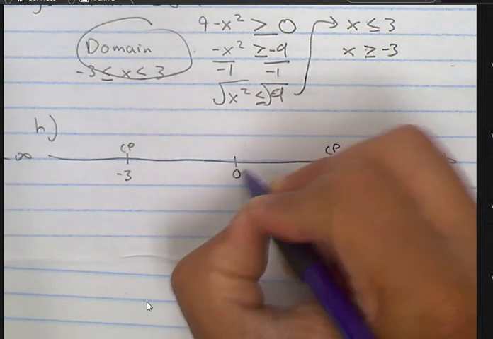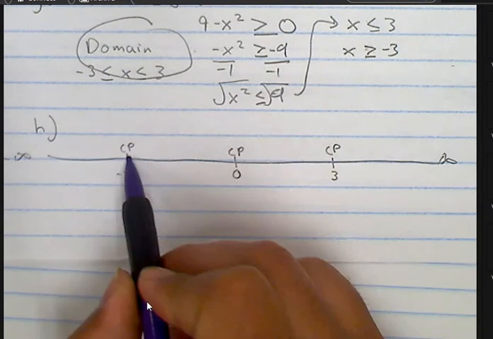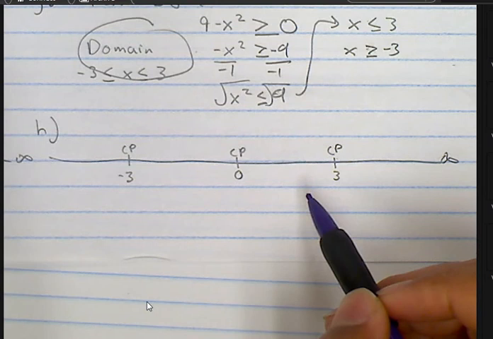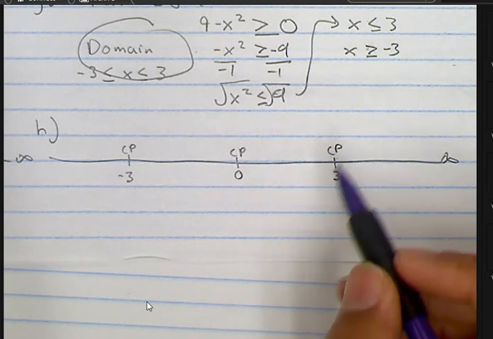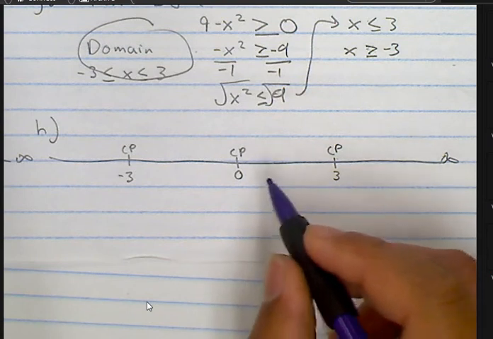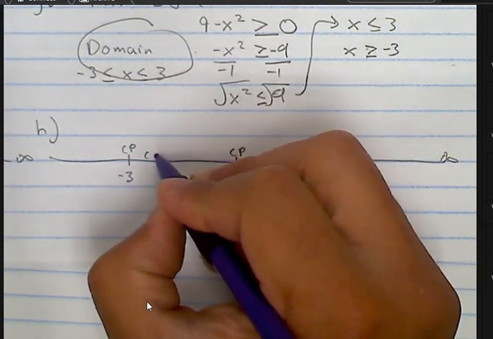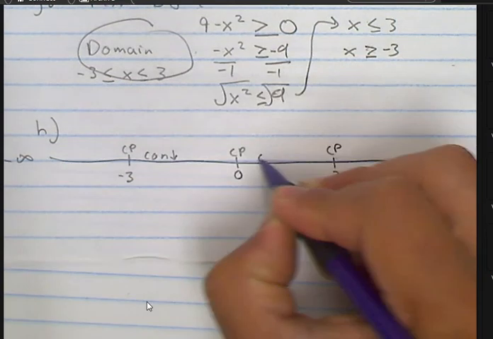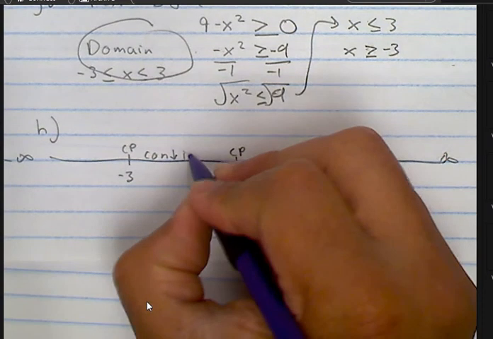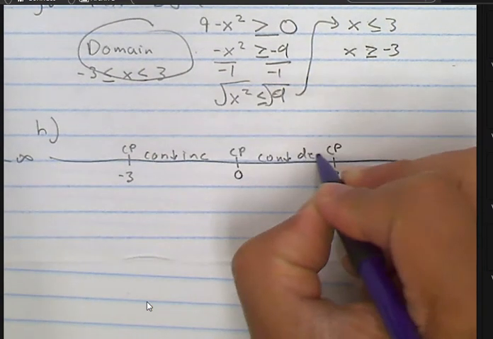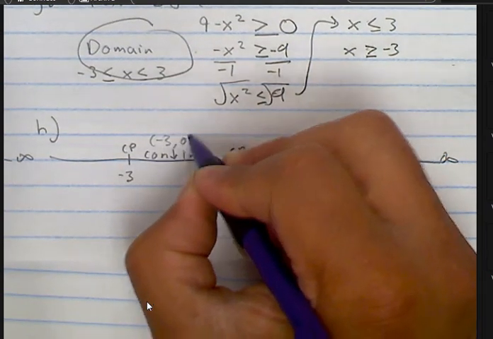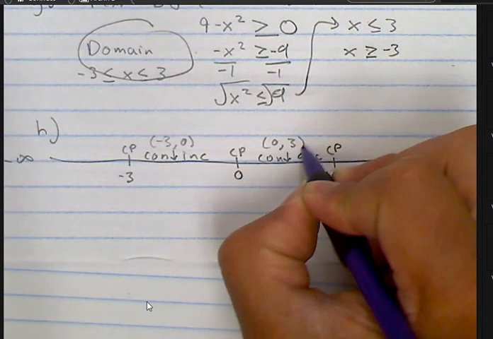Zero is a critical point. The inflection points were here and here, but since they're endpoints, you cannot really label them inflection points. Inflection points cannot be endpoints. So if you refer back to the earlier sign chart of the second derivative, it was concave down everywhere. Okay? And it was increasing here, decreasing here. Okay? From negative 3 to 0, 0 to 3.